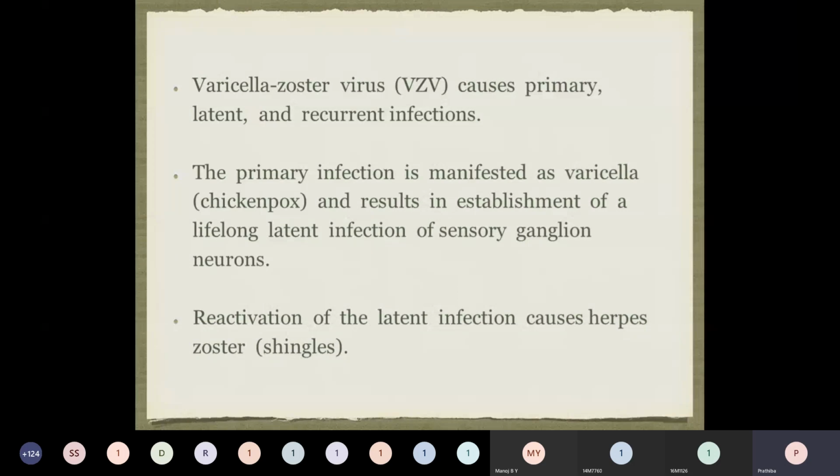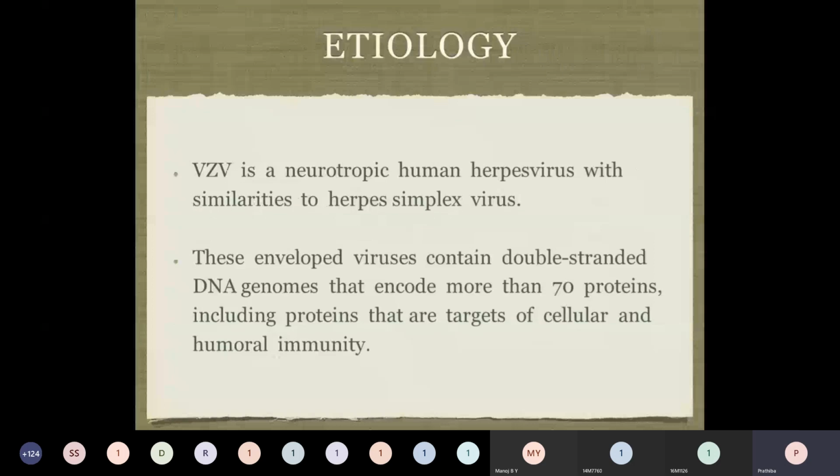Reactivation of the latent infection causes herpes zoster, which is also called shingles. It's a neurotropic human herpesvirus with similarities to herpes simplex virus. Neurotropic means more affinity towards the nerves.